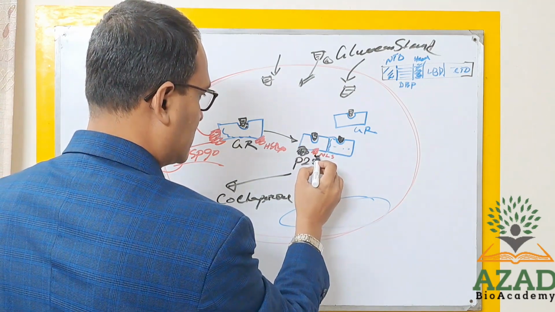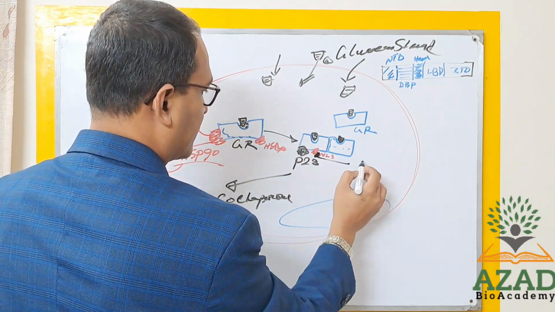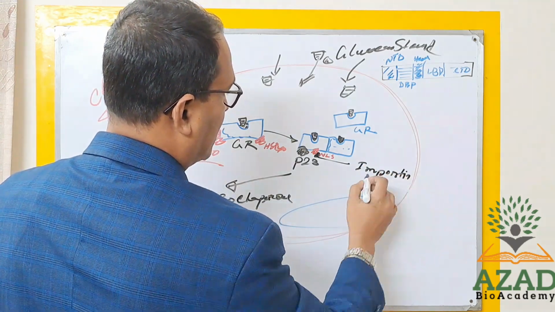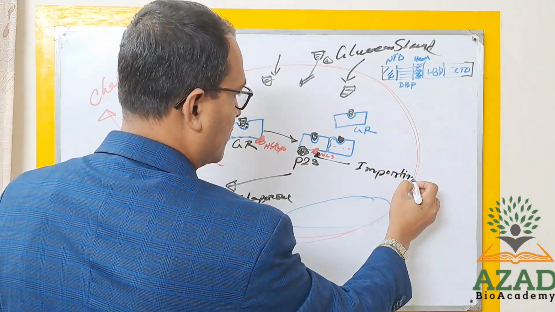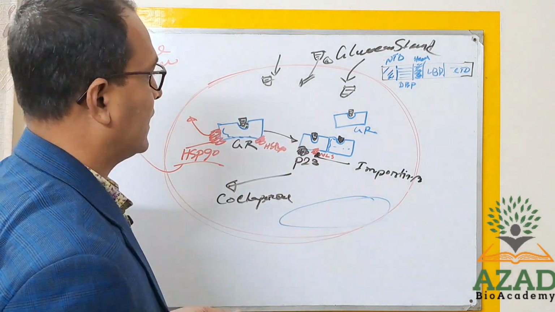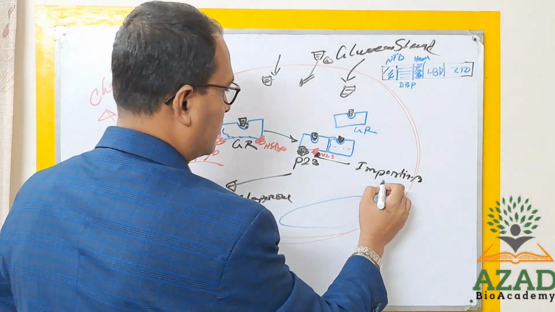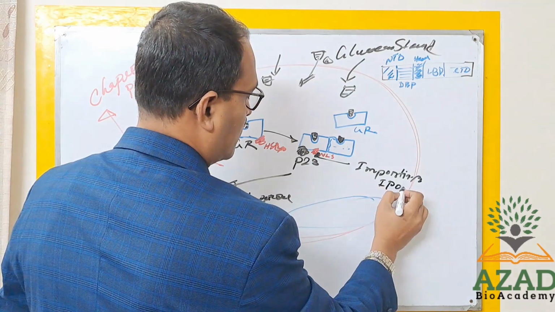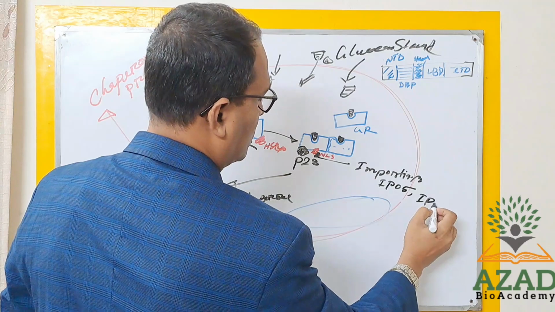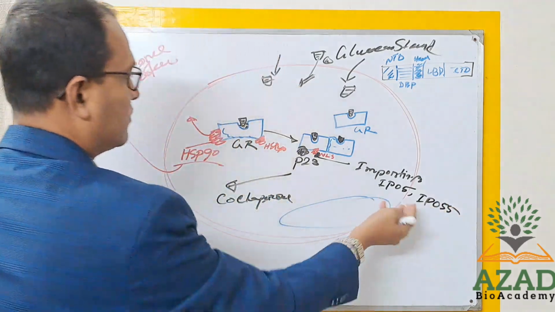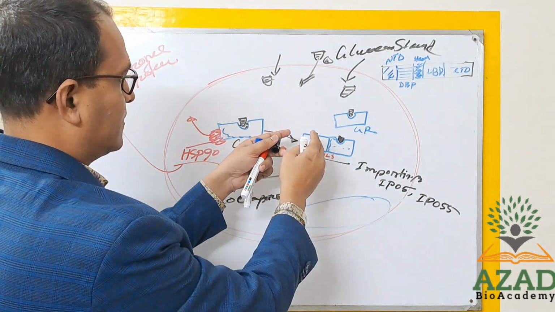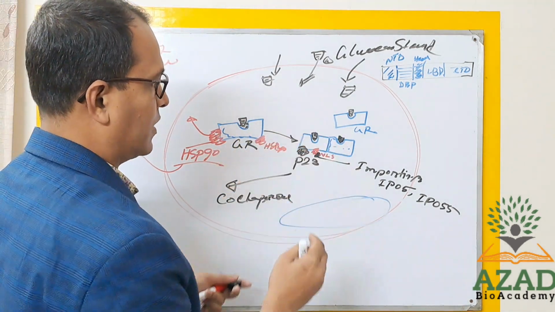That protein you can consider as importin, and that is a member of importin beta. So some importin protein will attach with the NLS sequence. That importin protein you can say is IPO5, that will attach here, and it will make it translocate towards the nucleus.